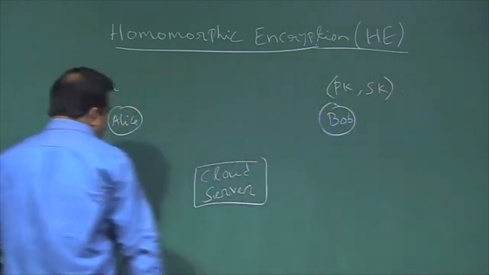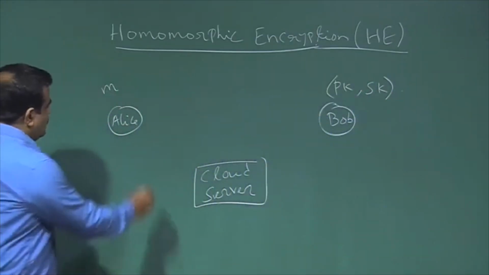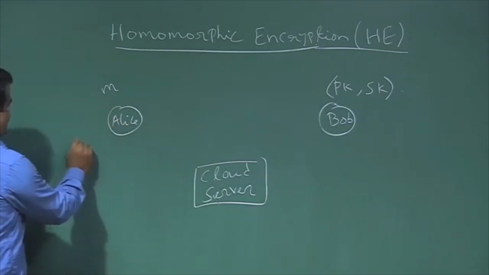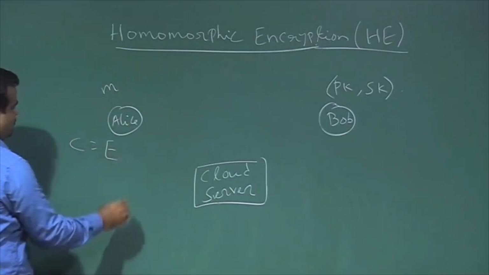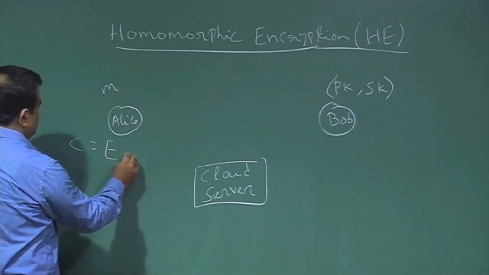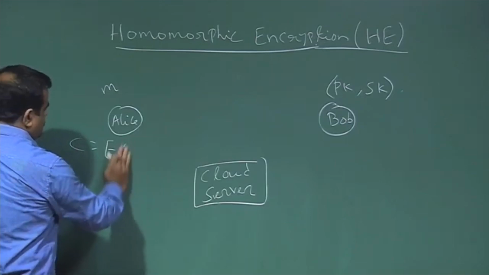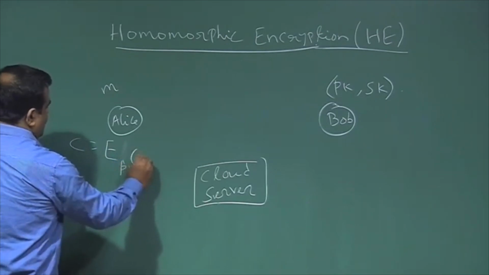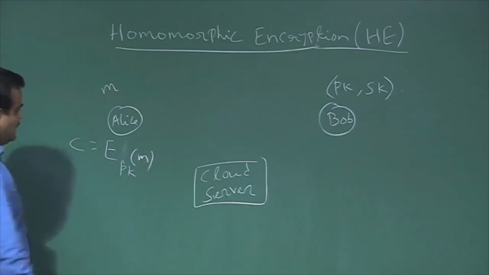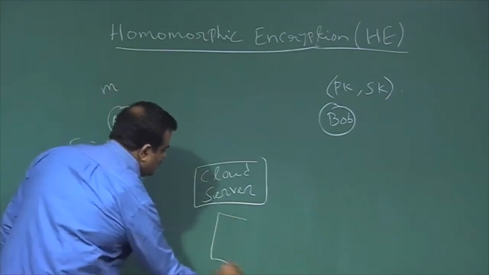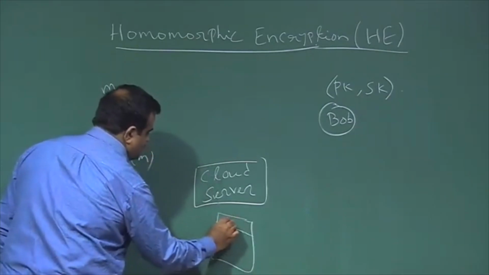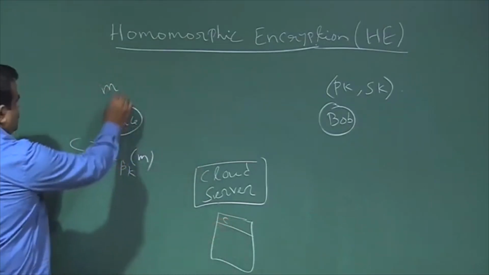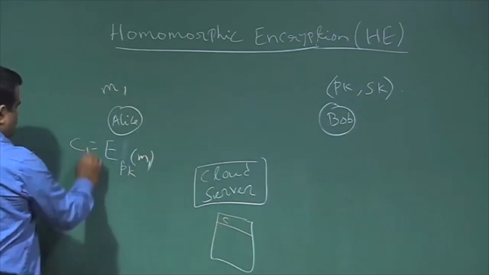Alice is encrypting this message using Bob's public key and generating the ciphertext, and Alice is storing this here in C. If it is M1, this is C1.